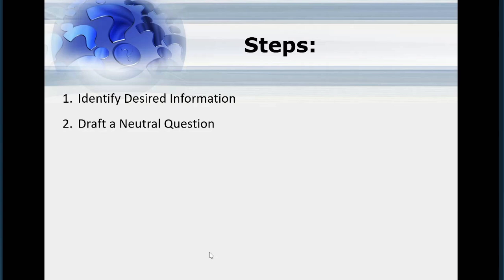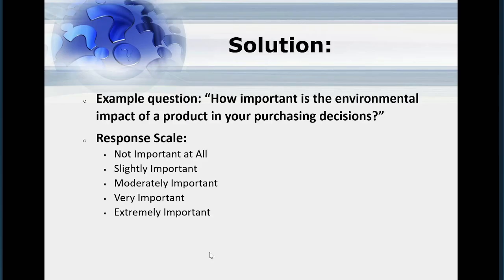So, example question could be, how important is the environmental impact of a product in your purchasing decisions? Response scale may vary from not important at all to moderately important to extremely important. Neutral phrasing ensures respondents feel free to express varying levels of concern about environmental impact without feeling pressured.